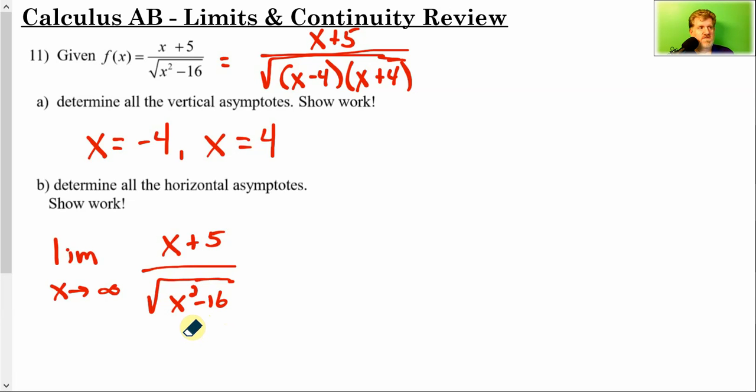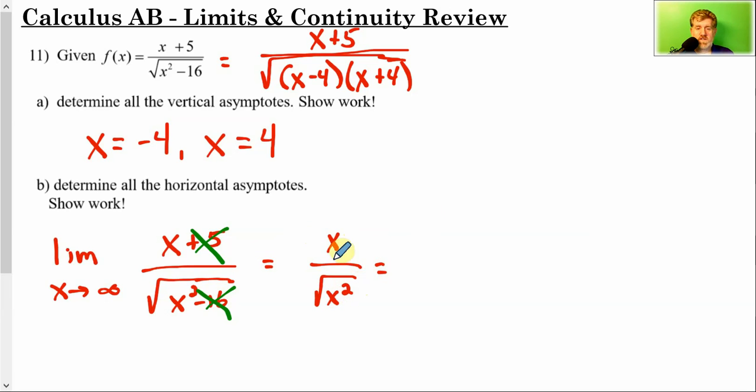I mean, what's the difference between a billion and 5 divided by a billion minus 16? Not much. So when I think about infinities, I realize these two things don't really matter. So in the long run, these are the only two things that matter. They win a war with those.